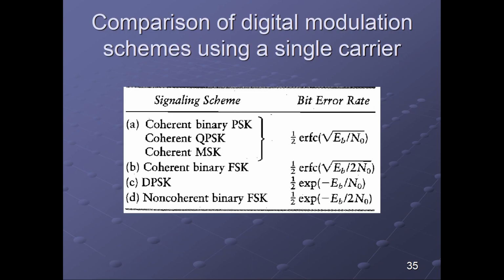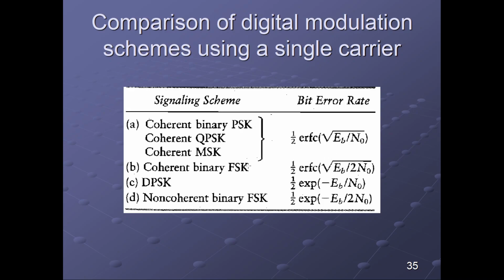Now we want to make a comparison between the bit error rate performance of different modulation schemes that we have studied so far. We have studied coherent binary phase shift keying, coherent quadrature phase shift keying, coherent minimum shift keying. The bit error rate of all these three is half ERFC square root of EB over N naught. So QPSK, binary phase shift keying, and minimum shift keying have the same bit error rate.